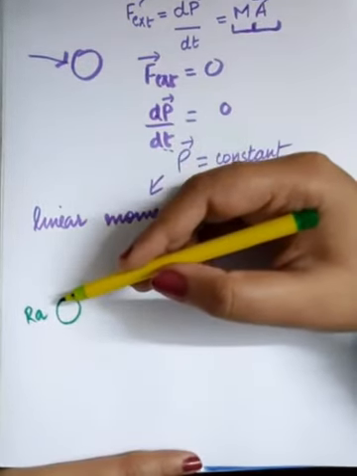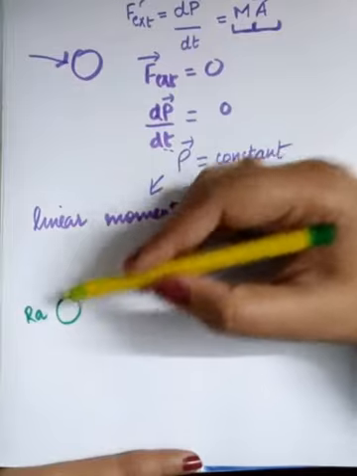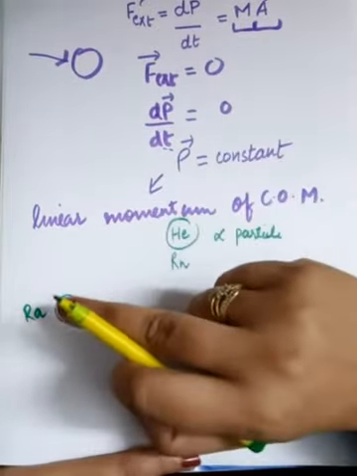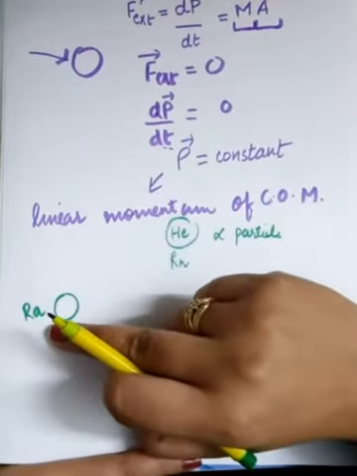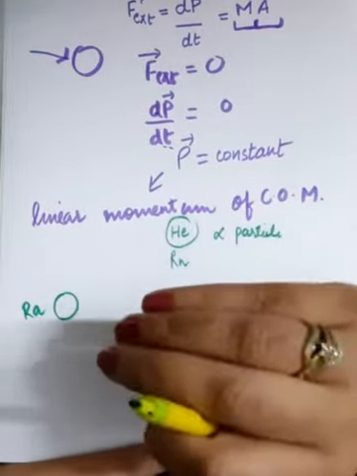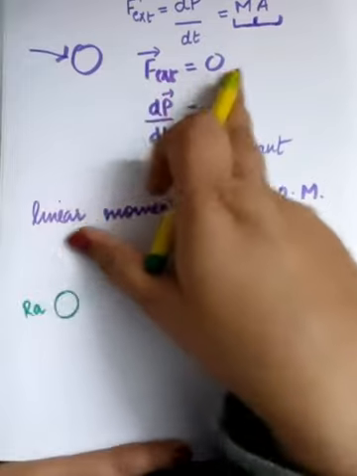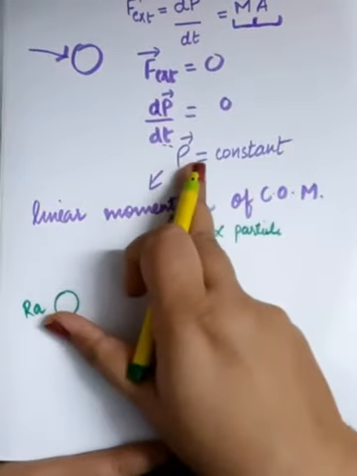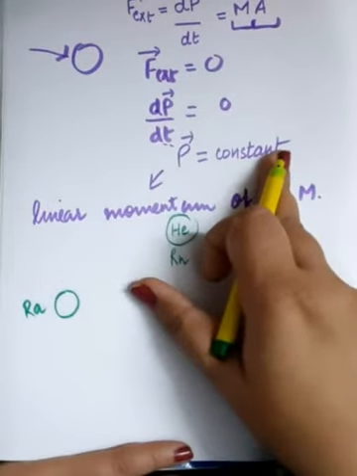So when this is the case, what is going to happen? F external will be 0 and the linear momentum of center of mass will be conserved.